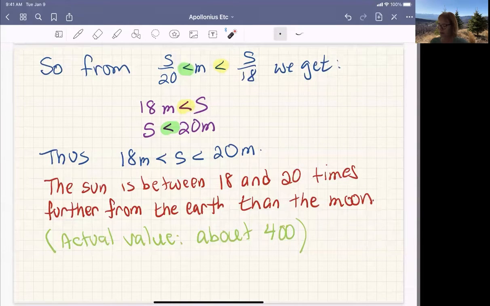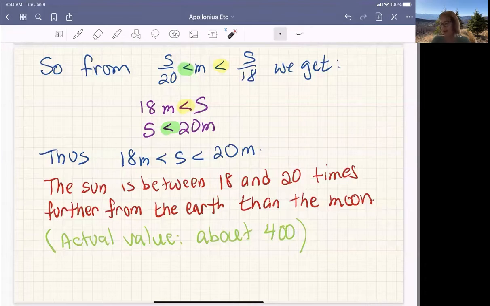Therefore, 18m is less than s is less than 20m. His conclusion: the sun is between 18 and 20 times further from the earth than the moon.